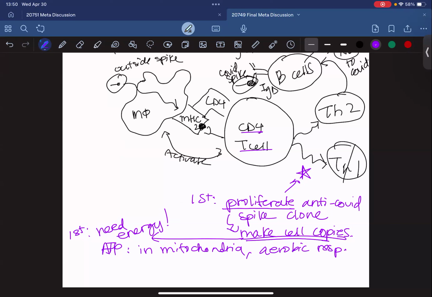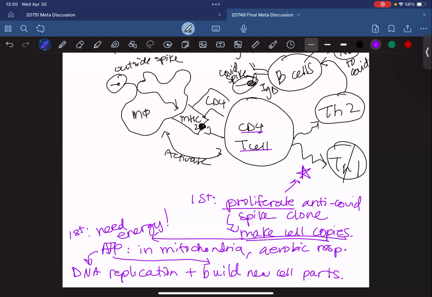Then we can use that ATP to fuel the DNA replication and building our new cell parts. Building new cell parts is going to be an anabolic process, and that requires the input of energy in the form of ATP as well.